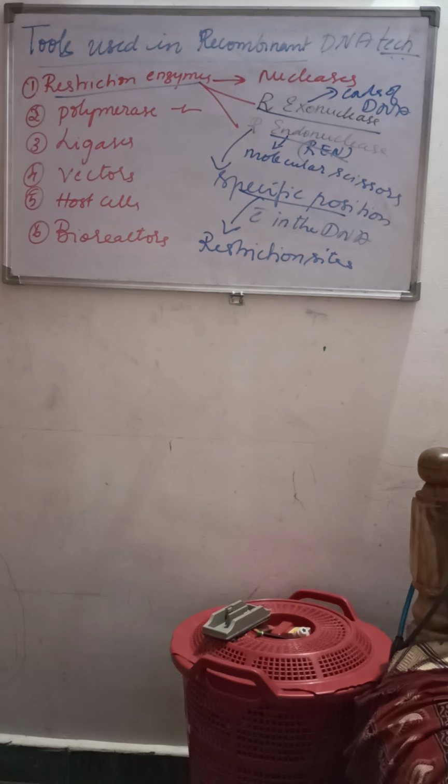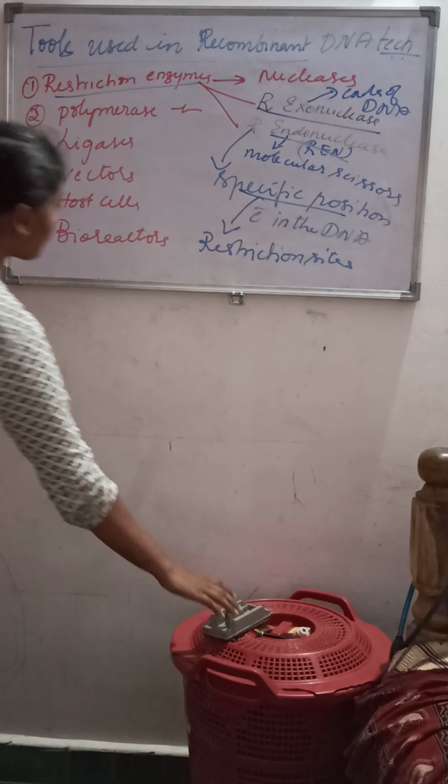Because they cut the DNA at a specific region. That specific region we call a restriction site. That specific position we call what? Restriction sites. So these endonucleases cut the DNA at specific regions called restriction sites. Hence they are called molecular scissors. As I said, restriction endonucleases or REN are referred to as molecular scissors because they cut the DNA at specific regions called restriction sites. And this restriction endonuclease was discovered by a scientist called Hamilton Smith.